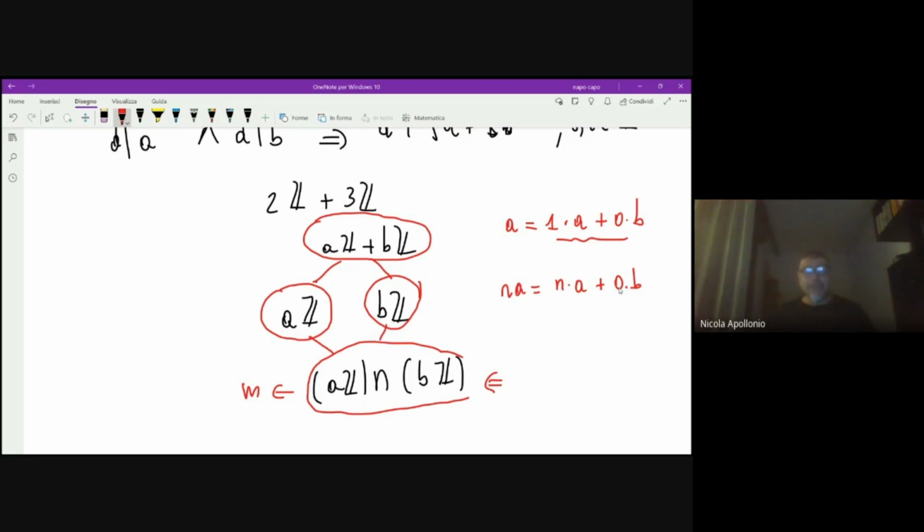So every multiple of A is a special linear combination of A and B. So it is true that AZ is a subset of AZ plus BZ. And the same is true for BZ. Oh, but both these two sets are a bit strange.